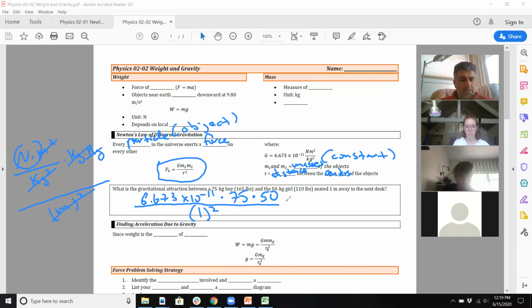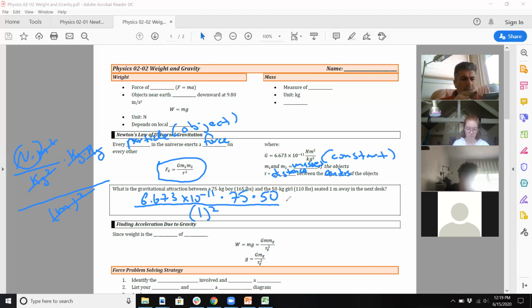Let me redo that, I did it wrong. 6.673 times 10 to the negative 11 power, times 75 times 50.